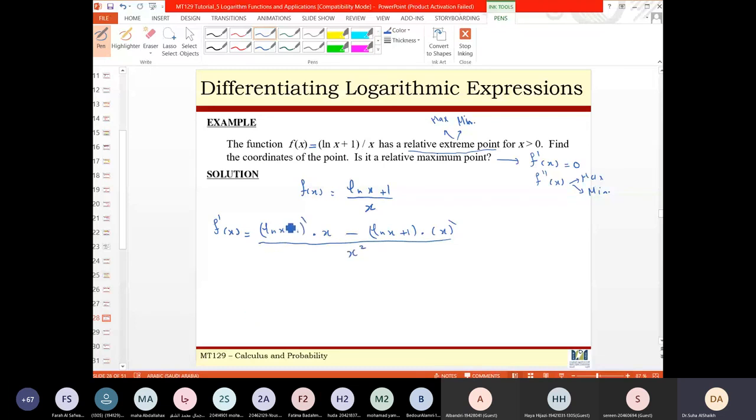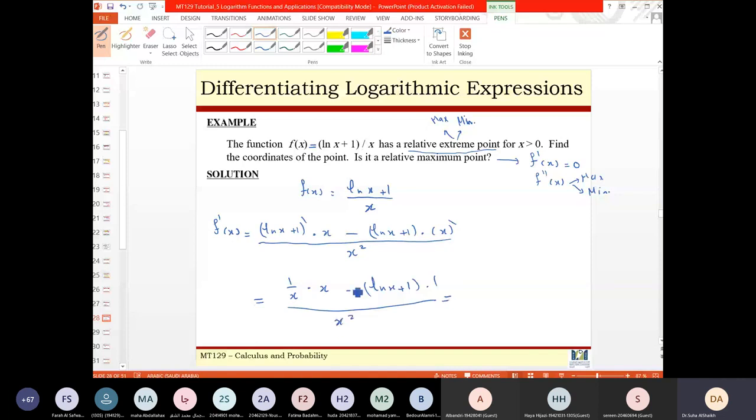What's the derivative of ln x? It's 1 over x. What's the derivative of the 1? 0. Multiply with the x outside. Minus ln x plus 1 multiplied with the derivative of x, which is 1, divided by x squared.